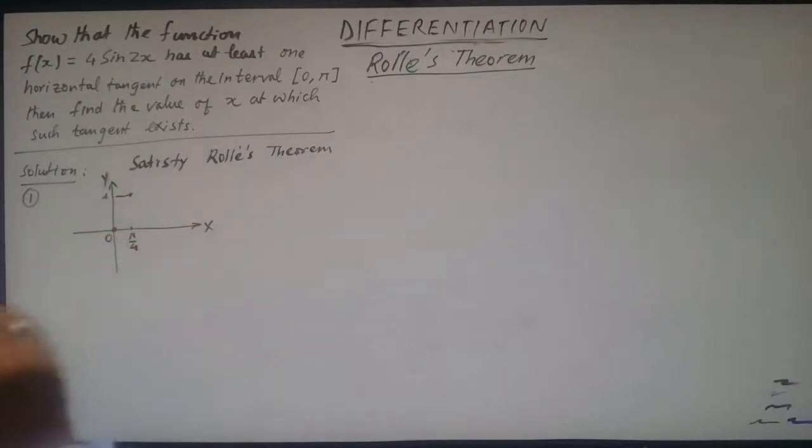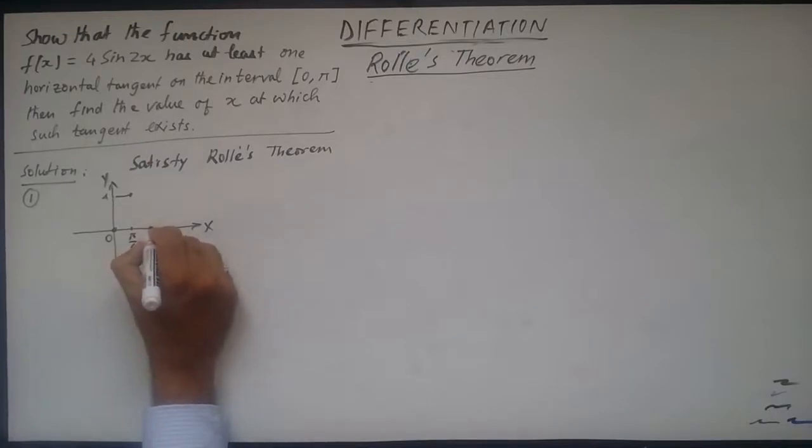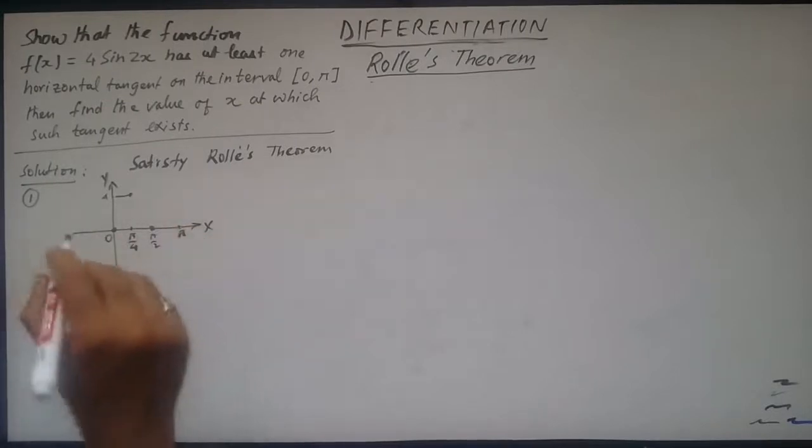So when is it again 0? At 180 degrees, that means when 2x is equal to pi, or x is equal to pi by 2. So when x is equal to pi by 2, the value of the sine function is again 0. And the next value is at pi, where it is again 0.